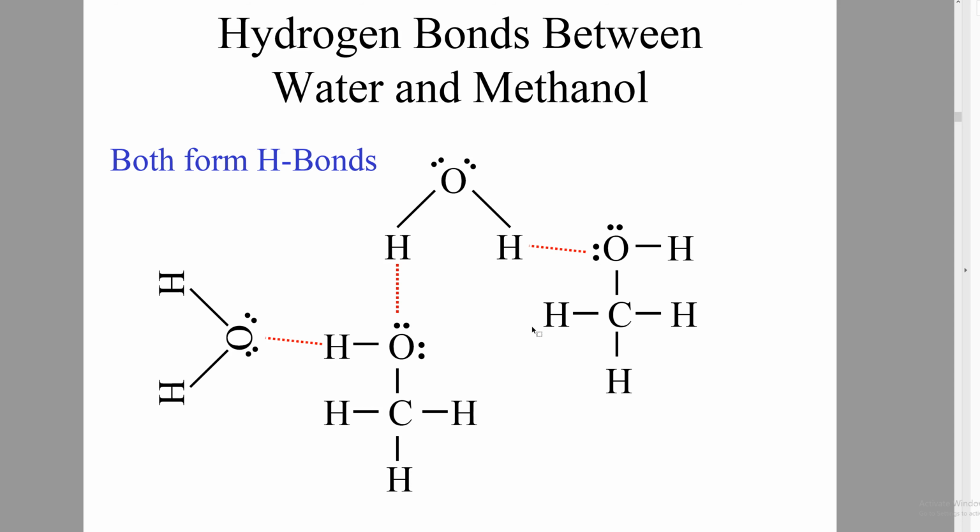Here's another example, water and methanol. If I mix water and methanol, which is a type of alcohol, methanol is soluble in water. And the question is, why is it soluble? The answer is quite simple. If you take a look at hydrogen with oxygen, you can see that it forms those hydrogen bonds. Same thing with hydrogen here and here.